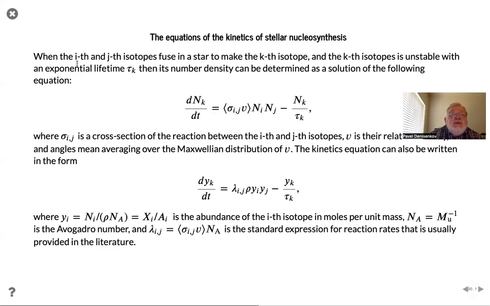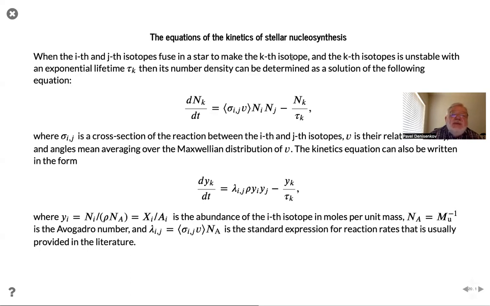So let's say we have the i and j trace isotopes that fuse together, right? This can be, for instance, hydrogen, protons, and carbon-12, for the reaction carbon-12 p gamma. When the i and j isotopes fuse in a star, as a result this produces the k isotope.